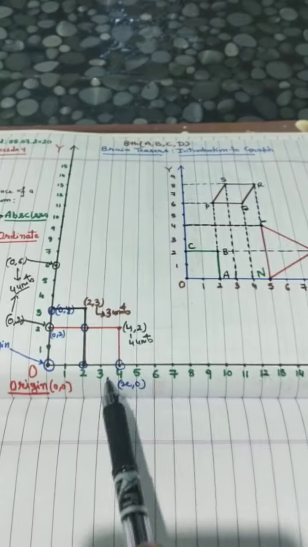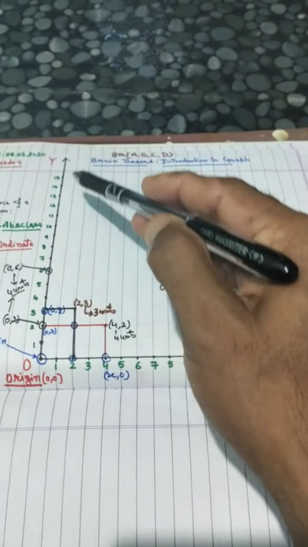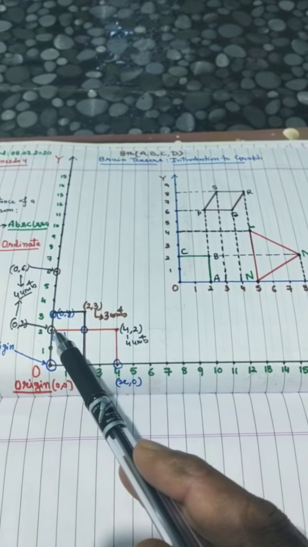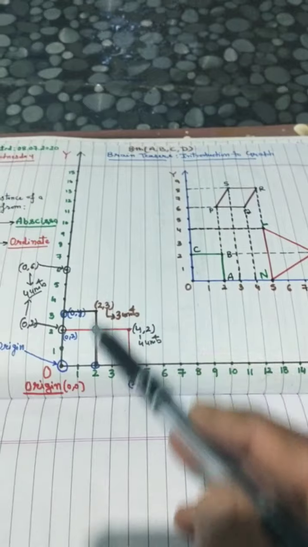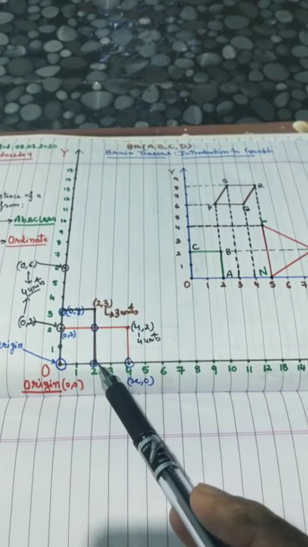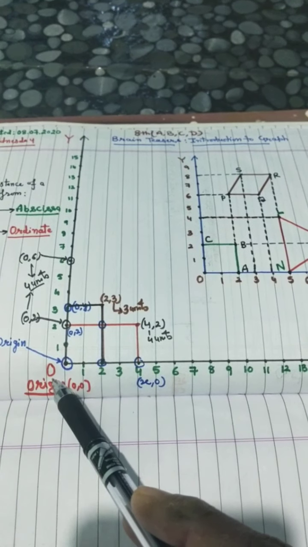This is your x-axis and this is your y-axis. The point at which the x-axis and y-axis intersect on the Cartesian plane is called your origin.